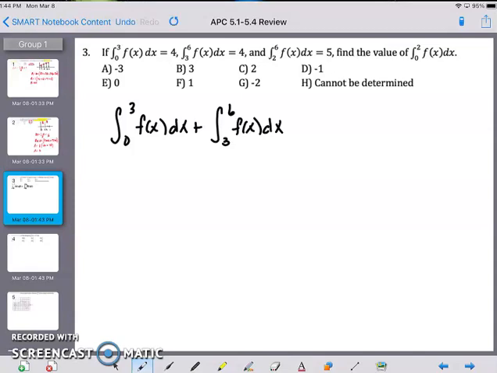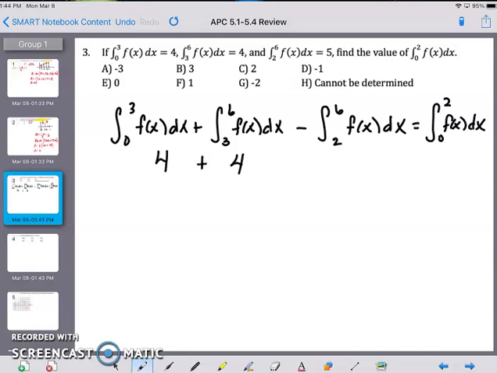Now, if I know that the area from just 2 to 6 is 5, and I subtract that off, then that should give me the integral from 0 to 2 of f of x dx. So plugging my values in here, 4 plus 4 minus 5 is going to give me 8 minus 5, which is going to equal 3. So the correct answer here is going to be letter B, which is 3.